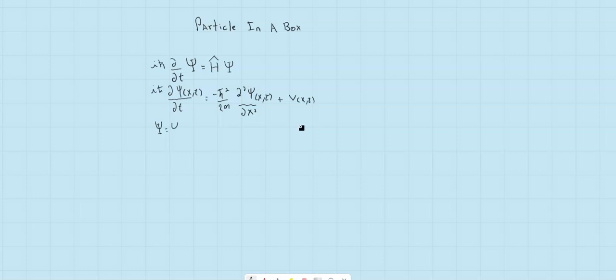One, psi of x, and the other one, capital T of small t.